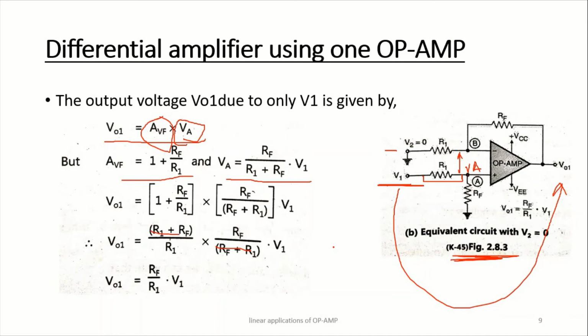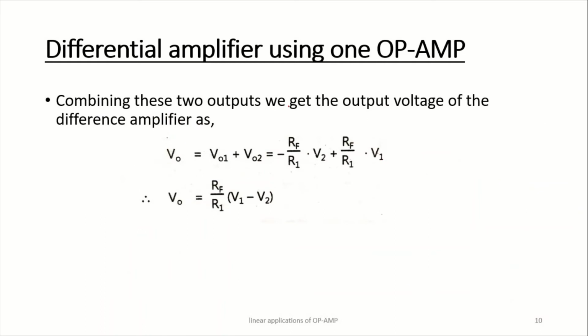Now combining both the cases: the first case is only V2 connected and the second case is only V1 connected. The total output we get is V01 plus V02. Combining these two outputs, we get the output voltage of the difference amplifier as V0 equal to V01 plus V02. That is minus RF upon R1 into V2 plus RF upon R1 into V1.